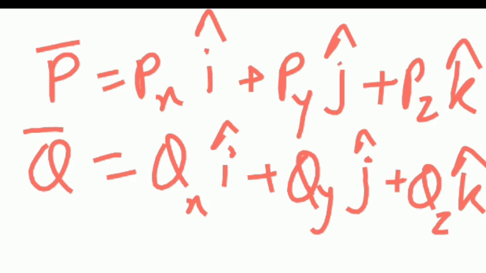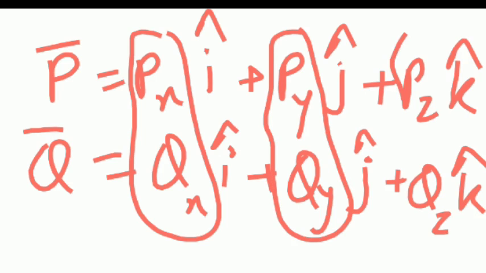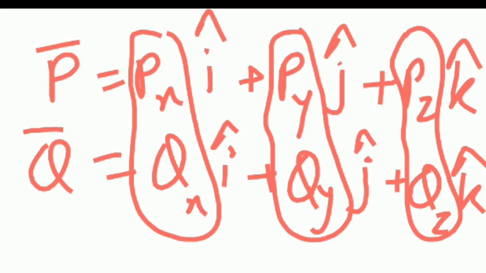Then the dot product between these two vectors is given by the respective multiplication of corresponding unit vectors. So this will become pxqx plus pyqy plus pzqz. What are the unit vectors? i cap and i cap, so their magnitudes get multiplied, plus the multiplication of the magnitudes of j cap, and similarly for k cap.